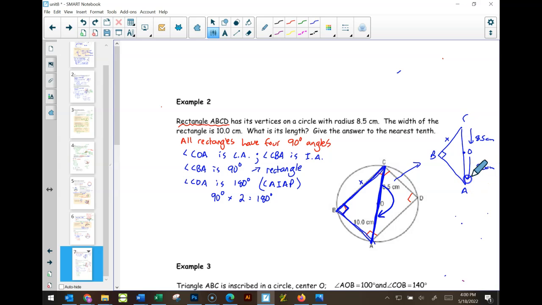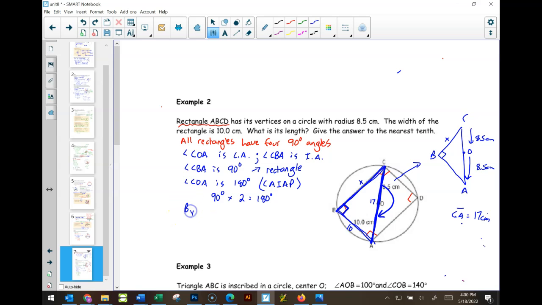My diagram is not to scale, but you get the idea, which means that C to A is equal to that plus that, which is 17 centimeters. We know that this one's 10, which means we can figure out X just by Pythagoras.